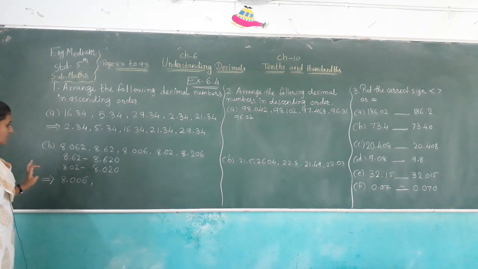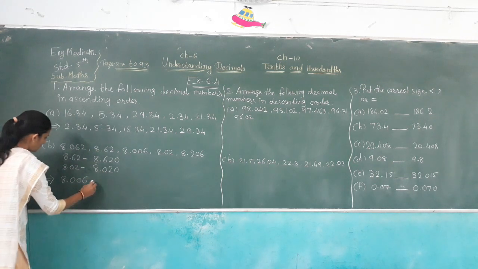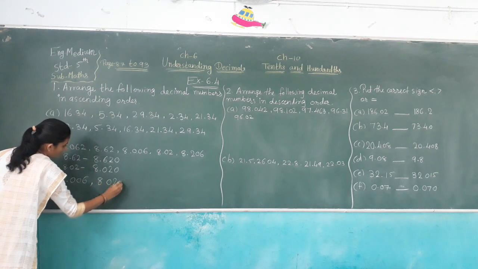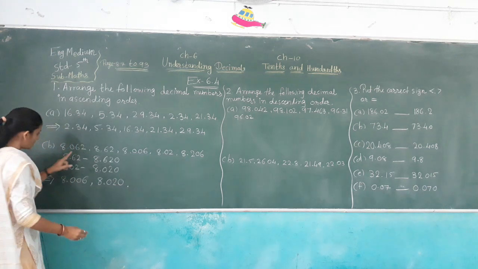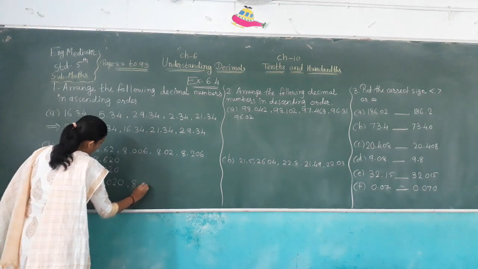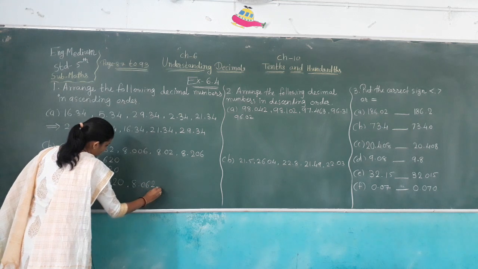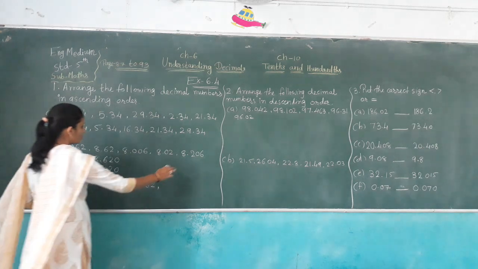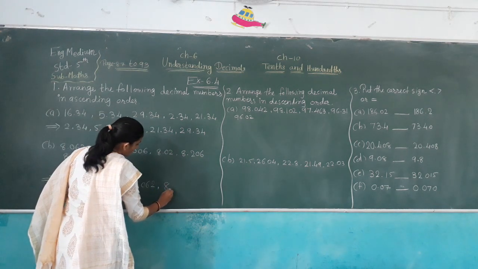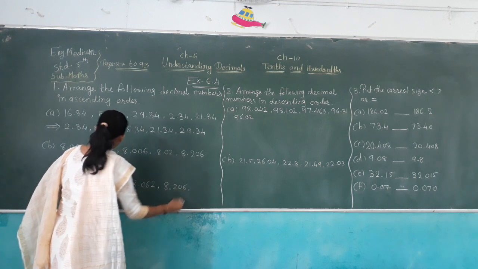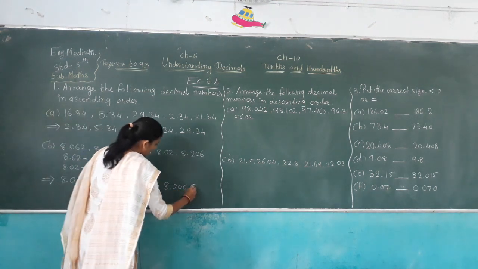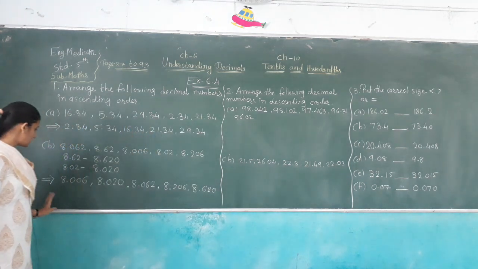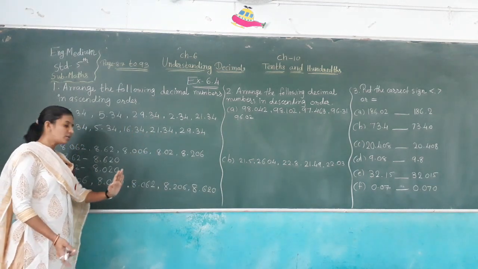After that 8.020. After 2, 8.062. After that 8.206. Then last one, 8.620. Arranging in ascending order, smaller to bigger.